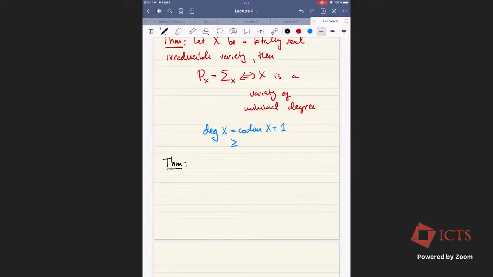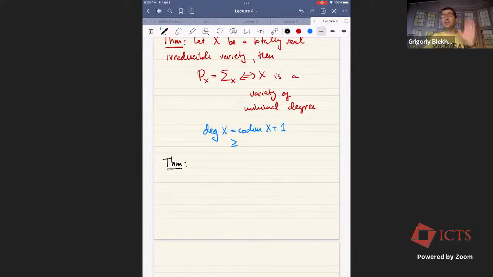Irreducible ones or all? Well, there is actually no notion of minimal degree for reducible ones. So this only works for irreducible varieties. There is also some disagreement in the mathematics literature.